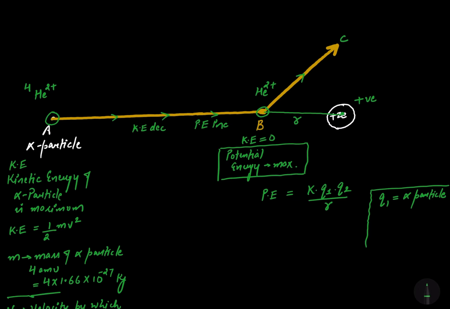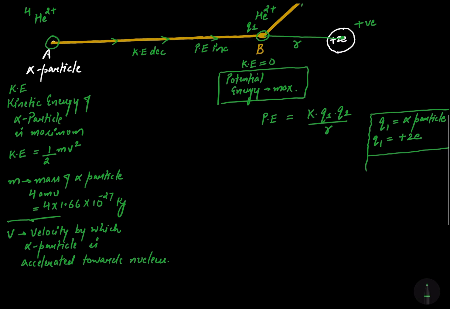I am considering my alpha particle to be the charge Q1. So what's the value of Q1? The charge on alpha particle, that is helium, it's a di-positive ion, so it's plus 2E. What's the value of E? It's 1.6 into 10 raised to the minus 19 coulombs. Now, let's talk about the charge 2. It's Q2. Obviously, it's the nucleus.